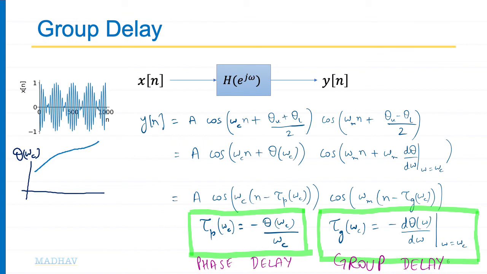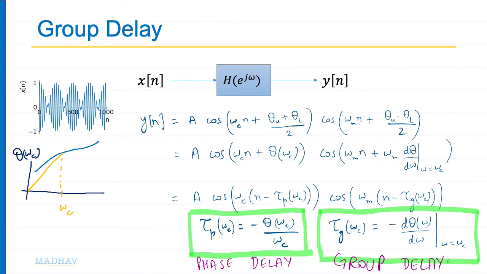So let us say I look at this point. This point is my omega c. Then what is my phase delay? My phase delay is basically this term, theta omega c divided by this. So basically the base is omega c and the height is theta omega c.